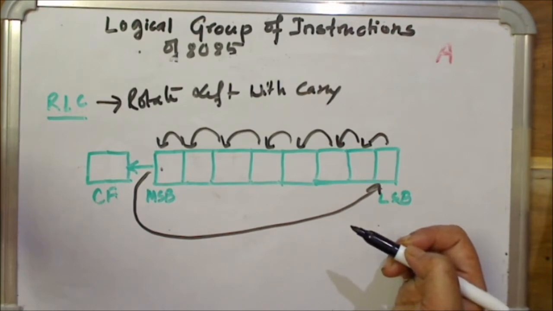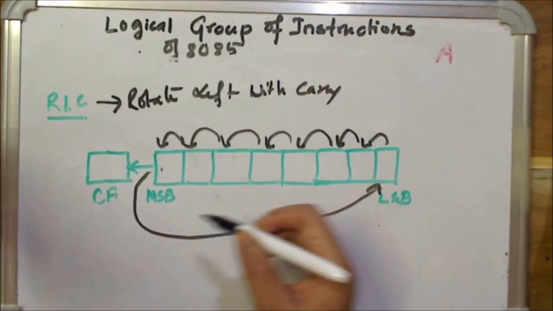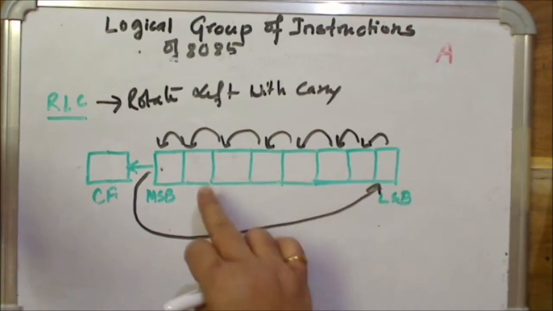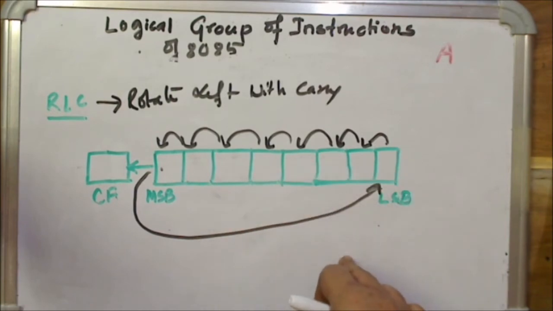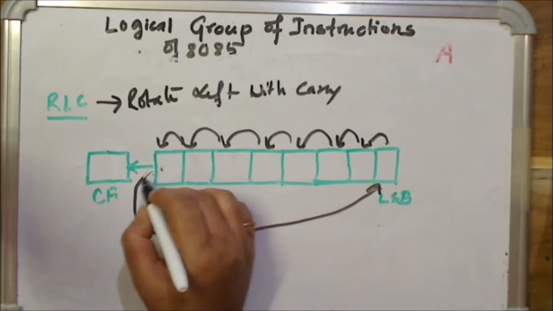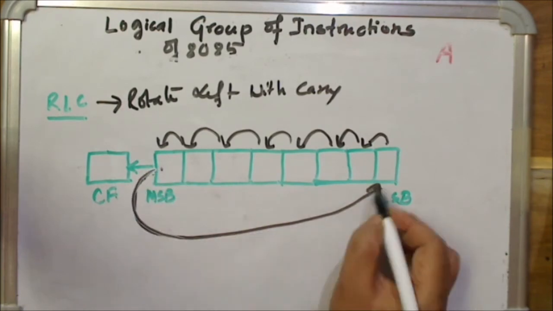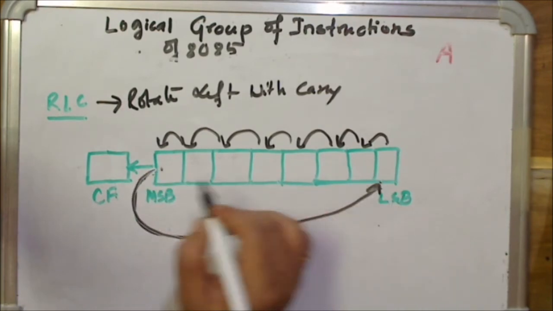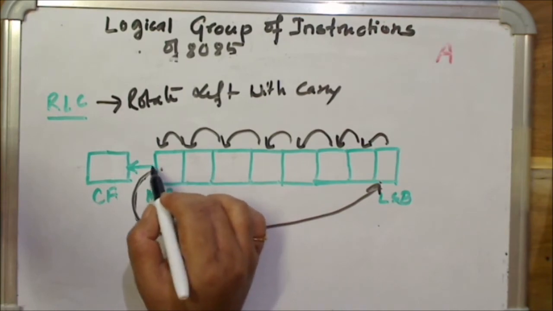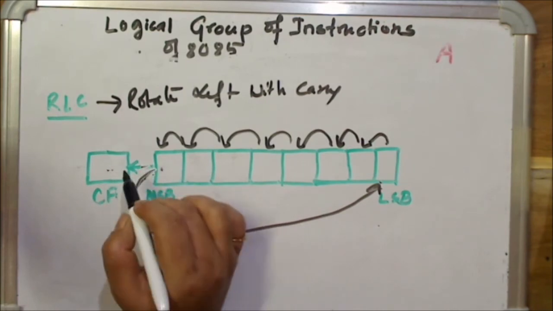Okay, that means the whole of the accumulator register is rotated, and also the bit that is going outside, that MSB, also goes to the carry flag.